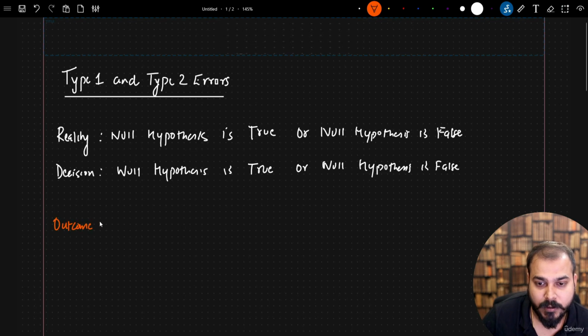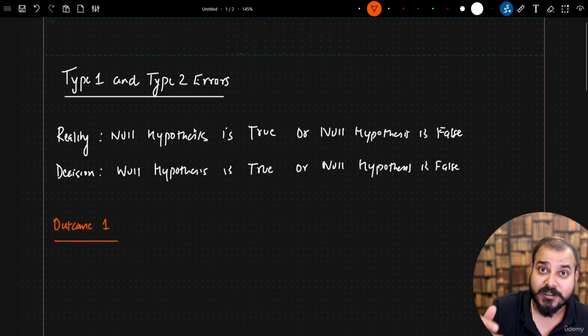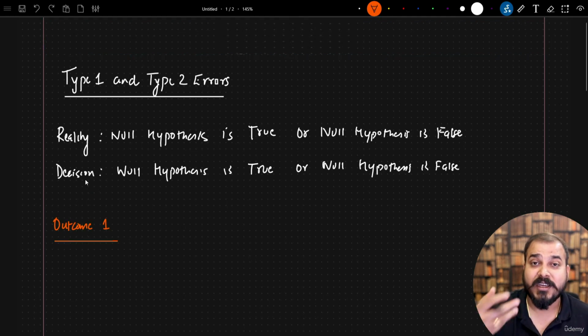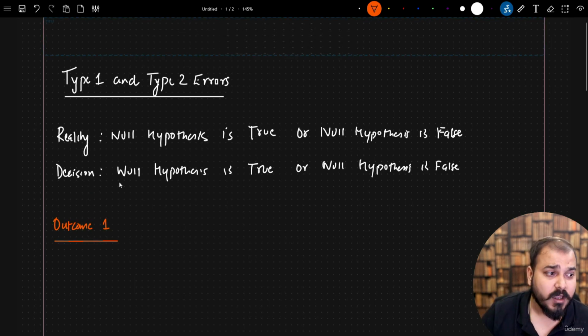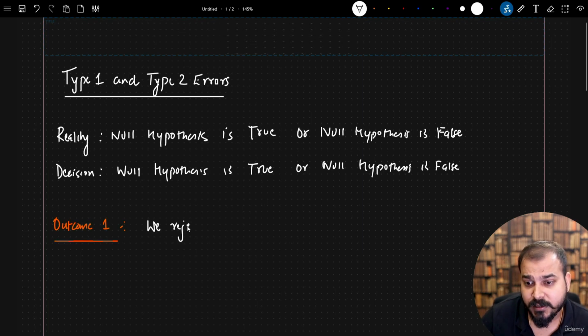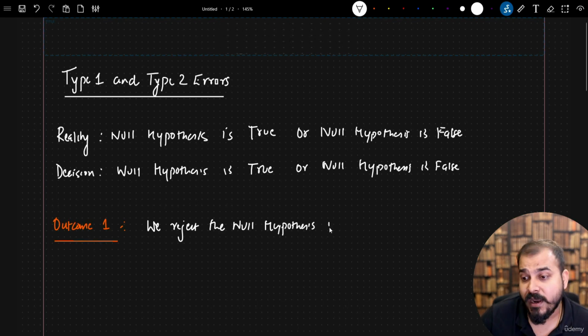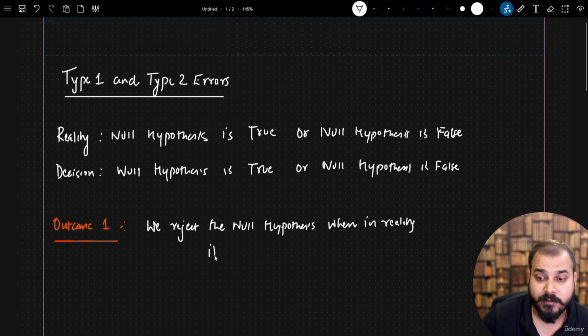So let's say here I'm going to write outcome 1. Okay. Understand one thing, guys. In reality, we are just saying that the null hypothesis can be true or it can be false. And when we say decision, that is based on the result of our hypothesis testing. So in outcome 1, we can write, we reject the null hypothesis, when in reality it is false.